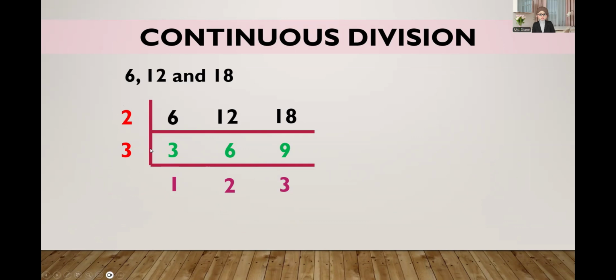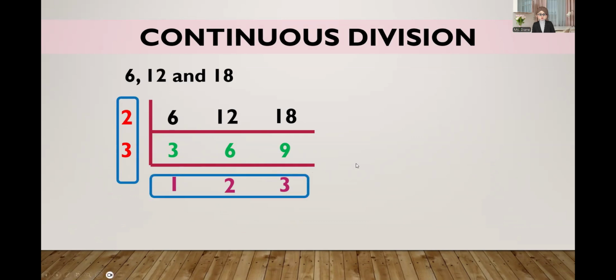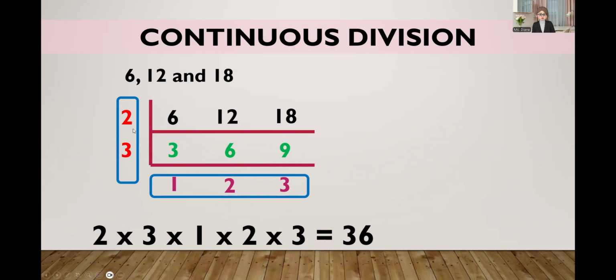But in getting the LCM, we have to multiply all the divisors and also the quotients below. So that is 2 times 3 times 1 times 2 times 3. If you multiply all of them, you will get 36. So the LCM of 6, 12, and 18 is 36.